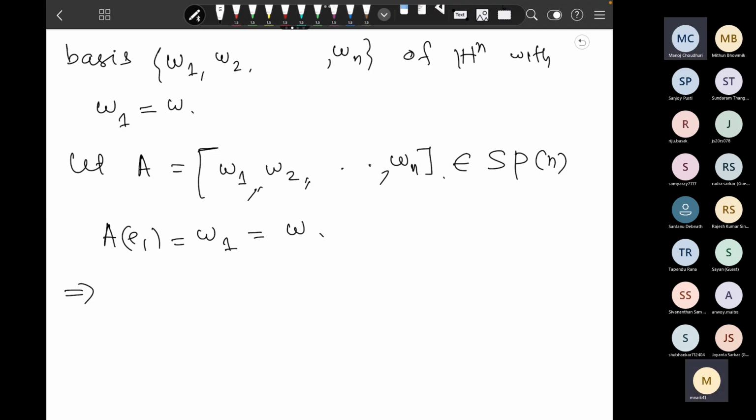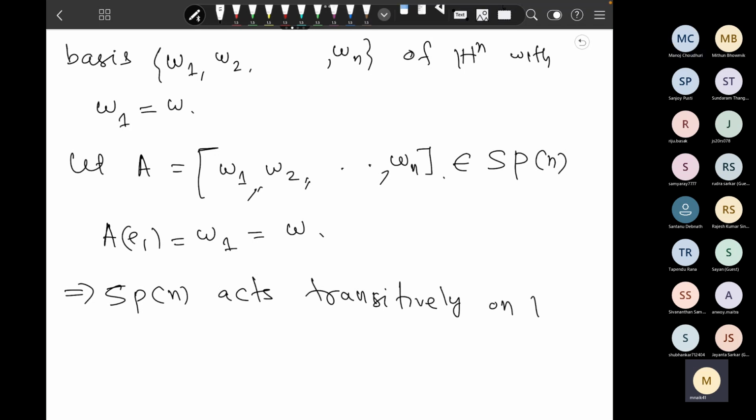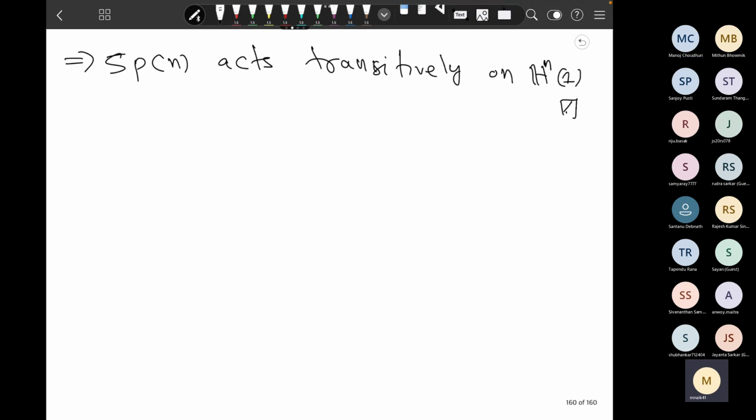That is equivalent to saying that the columns of A form an orthonormal basis. So A U1 is equal to W. Therefore Sp(n) acts transitively on this set, which is homeomorphic to S^(4n-1).